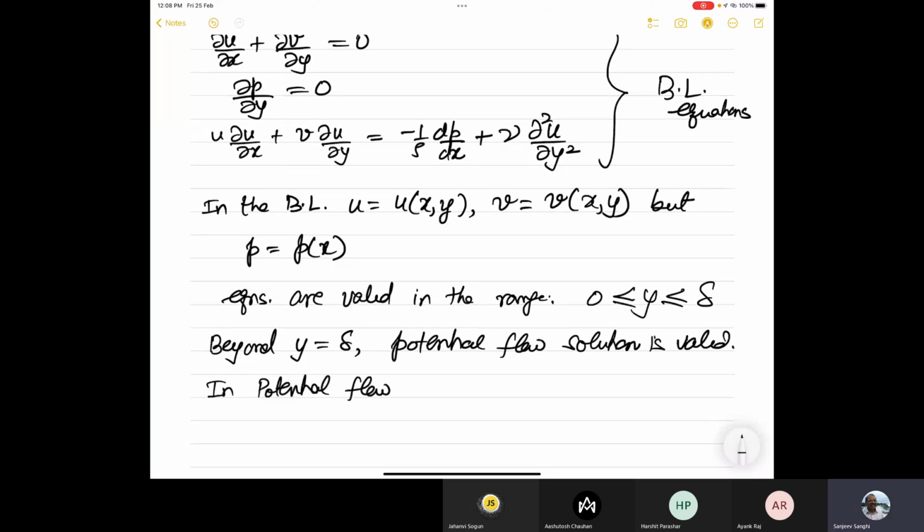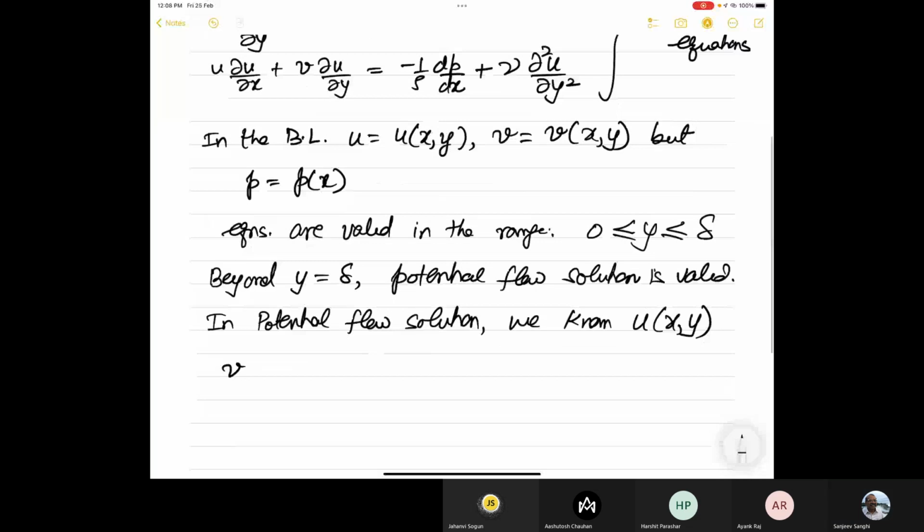In potential flow solution, we know u of x, y, v of x, y, and we also know pressure also as a function of x and y.